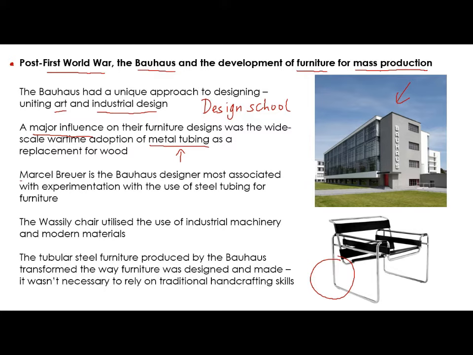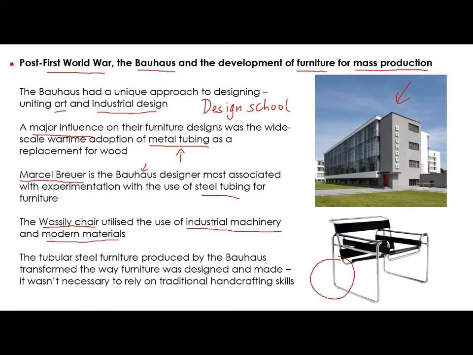Marcel Breuer, one of the most famous Bauhaus designers, used loads of steel tubing in his furniture and chair design. One of the most famous chairs he designed was the Vasily chair. It utilized the industrial machinery and modern materials used during the war.